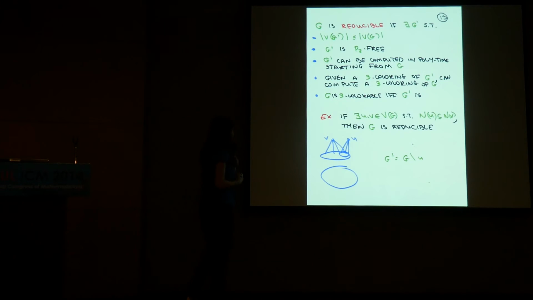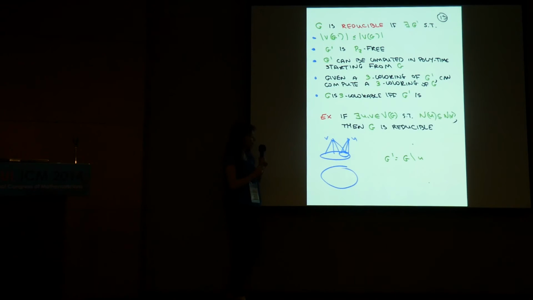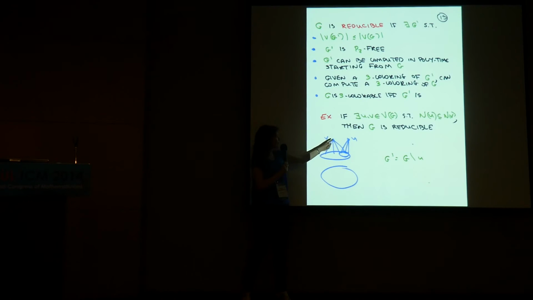So here's one example of a graph being reducible. If I have what's called a dominating or a dominated vertex. So I have these two vertices, u and v, and they have the property that every neighbor of u is also adjacent to v. So maybe I should explain what this kind of schematic picture means. So this is v, these are the neighbors of v, these are the non-neighbors of v, then this is u, and these are the neighbors of u.